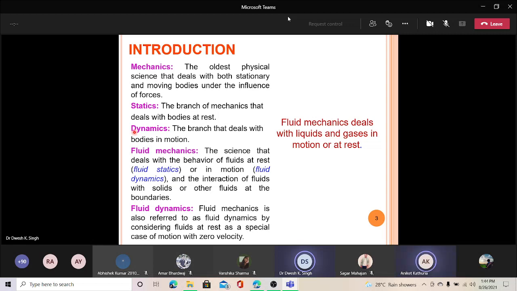Sir, basically we take a reference point, then say whether it is static or dynamic. If your velocity is constant, then your acceleration will be zero. No, sir, I am saying that if a body is moving and I am also moving with the same velocity and acceleration, then for me it will be at rest. So will it be static or dynamic? With that reference, it will be a static condition.